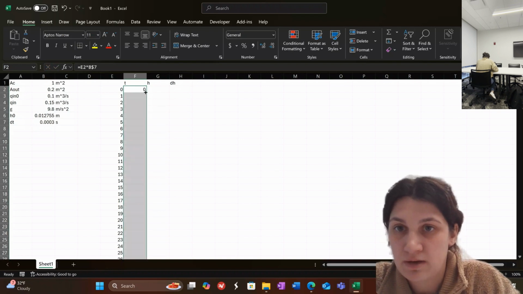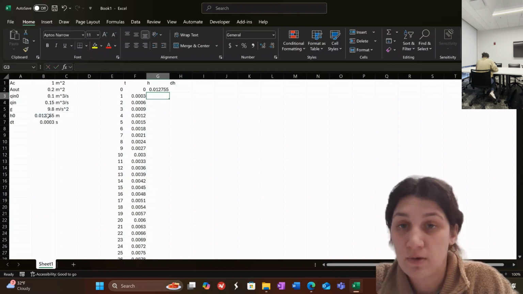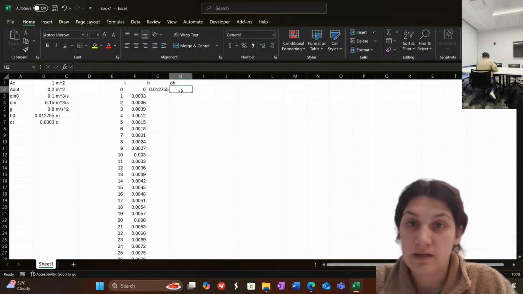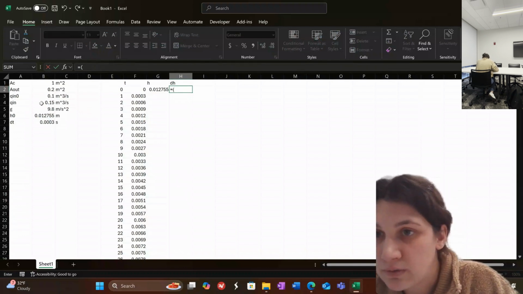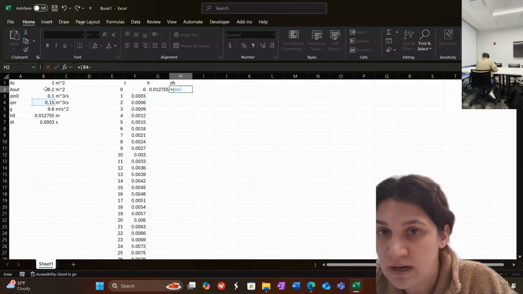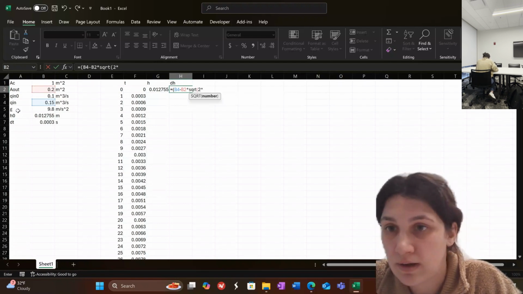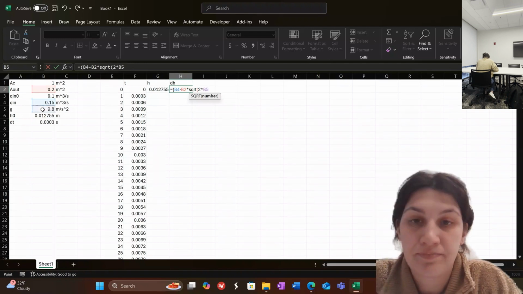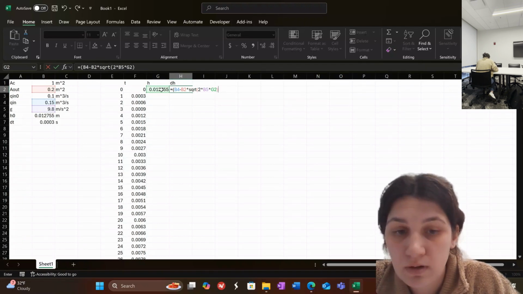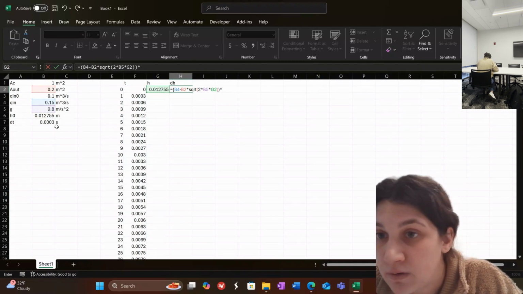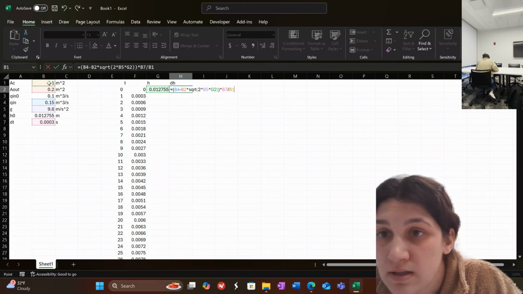And our time here is going to be our step times this delta T. Double click down. Our initial height is what we solved for, so that's here. And we also solved for that delta H. Just type that in here. And we have our Q in minus A out times the square root of 2 times G times our height, multiplied by our delta T and divided by AC.